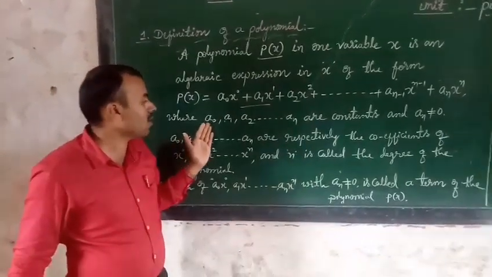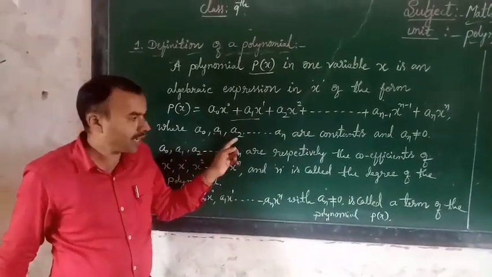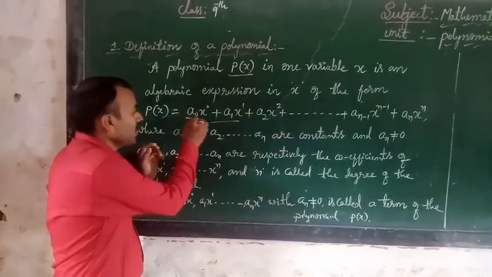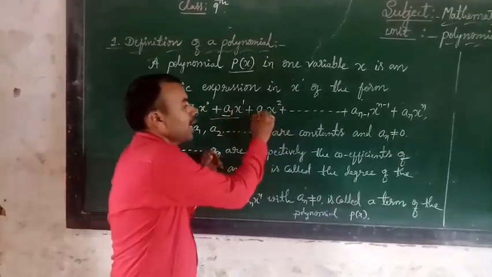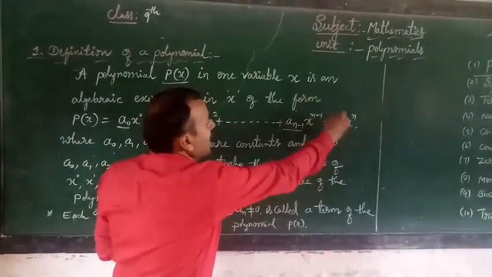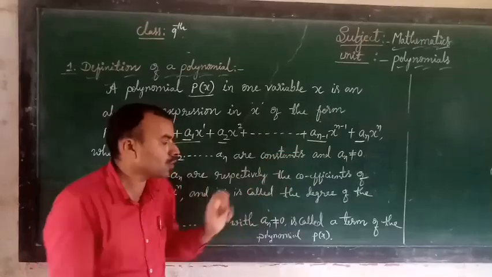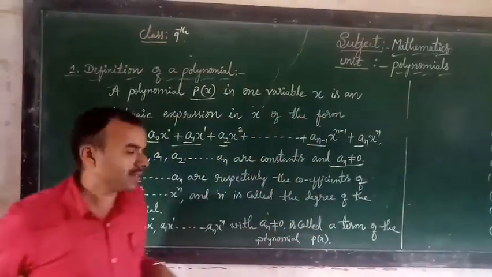Here a naught, a1, a2, up to a n are constants, and a n is not equal to 0. This is important.